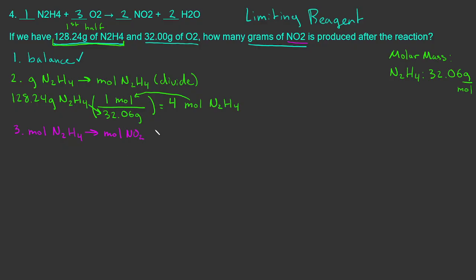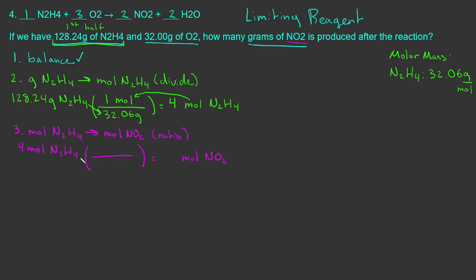This is by using the ratio from the balanced chemical equation. And so in this case, we have 4 moles of N2H4, and we have to use a ratio to get us to moles of NO2.